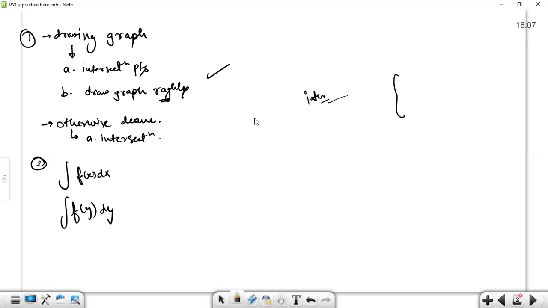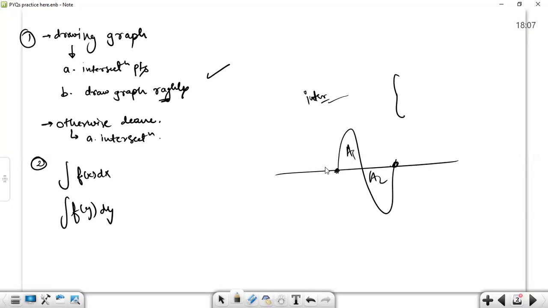There's one important thing to note: while dropping the option to draw the graph, you have to consider that the curve must not go under the x-axis or the y-axis. Otherwise, let's say the curve is like this, and if you integrate the function directly from the intersection point here to here, you will miss that the areas A1 and A2 will get subtracted.